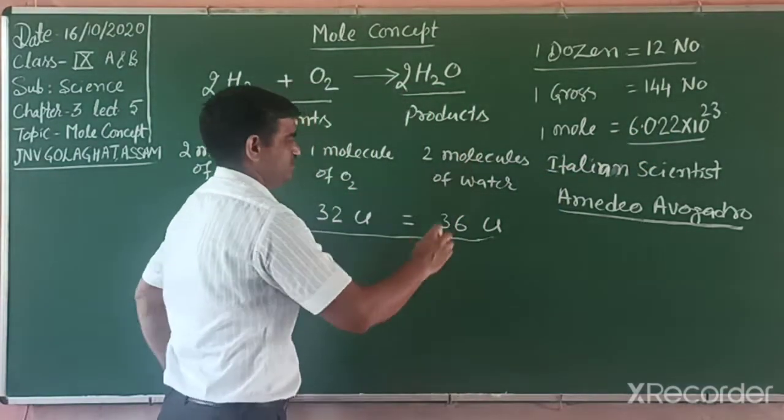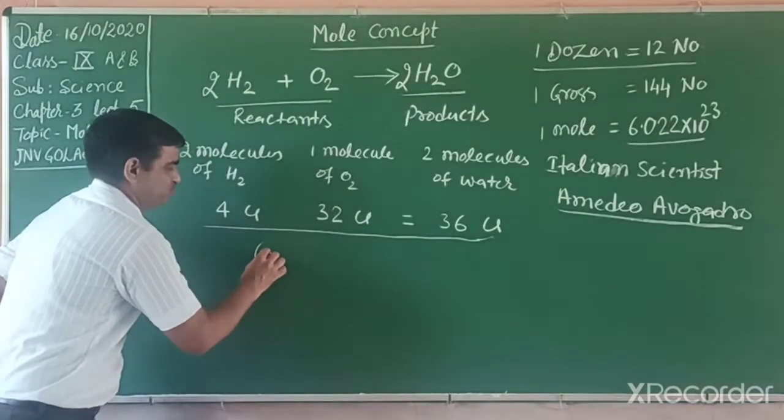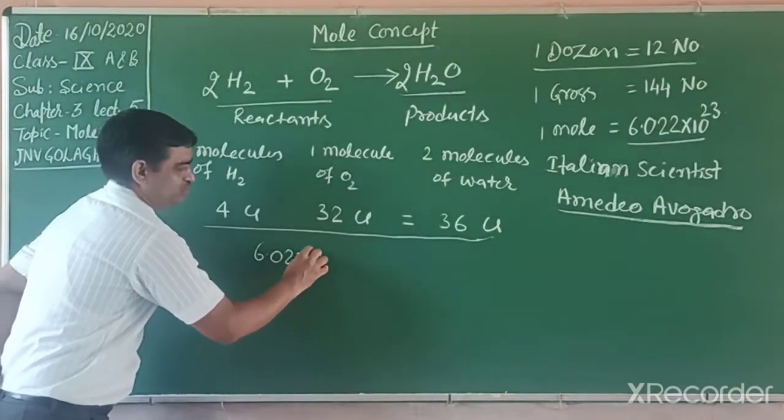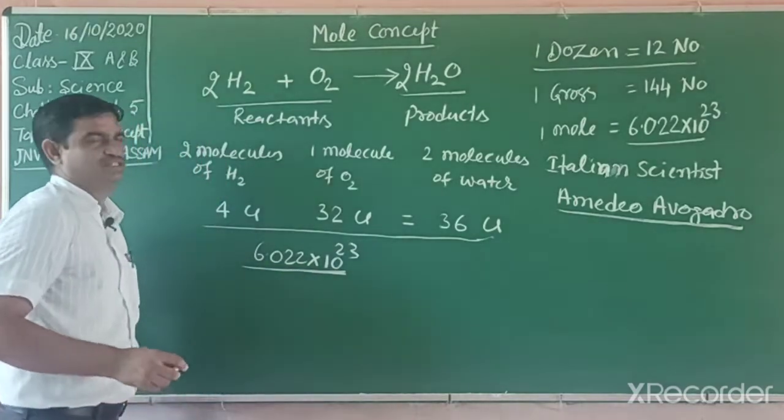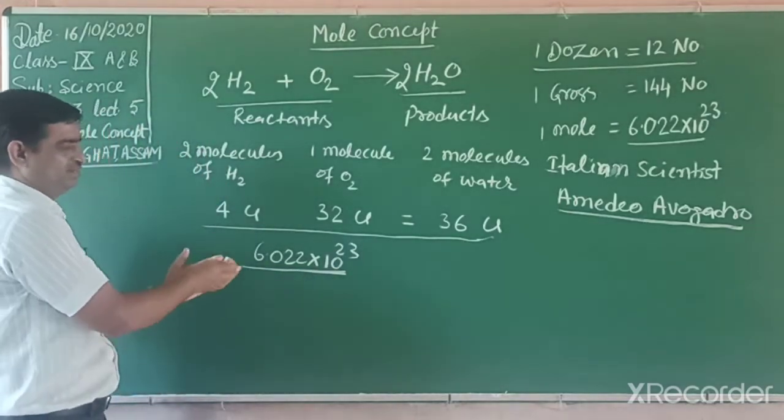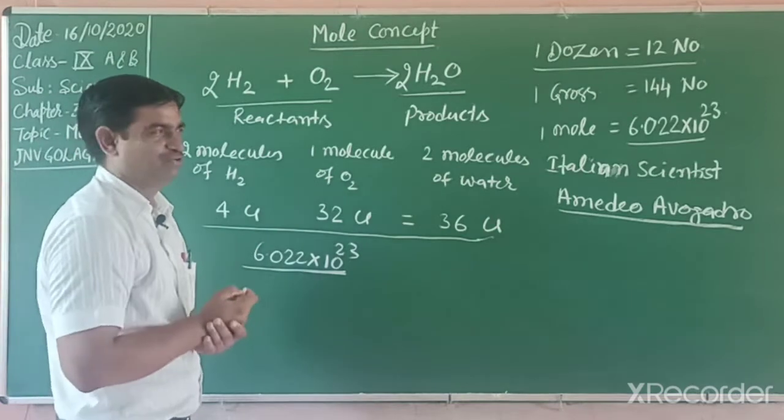If you represent this number, 6.022 into 10 to the power 23, students, imagine how you would write this number, which is written in scientific notation.